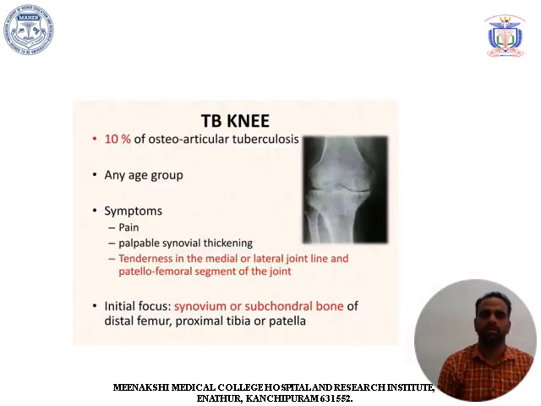TB knee: about 10% of osteoarticular tuberculosis involves the knee, in any age group. Pain, palpable synovial thickening, tenderness in the medial and lateral joint line, and patellofemoral synovial joint involvement are the most common symptoms.